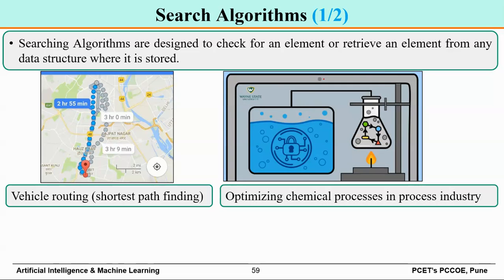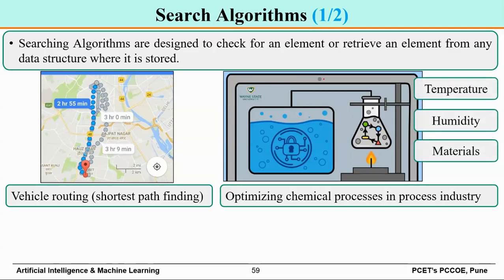Again, take an example of the process industry. For example, the sugar industry. Sugar cane comes, it is crushed, chemical processes take place, and different byproducts come out. During all these processes there is chemistry, and the chemical processes take place at a particular temperature.